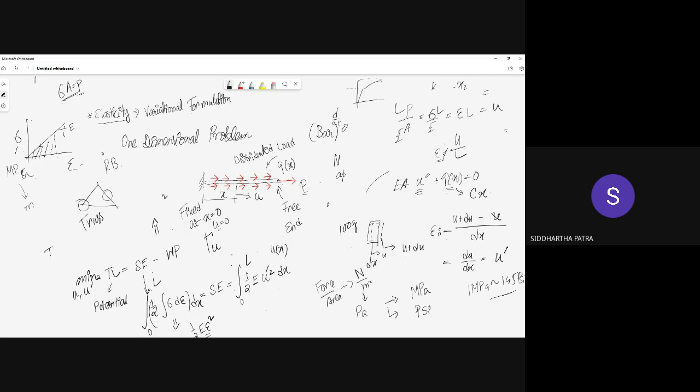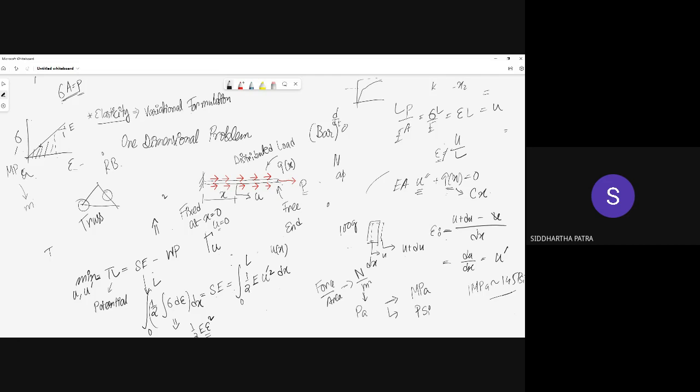Now, frankly speaking, this work potential is just a fancy name for a mathematical term. This term just has to be in this format without the half sign or anything else.